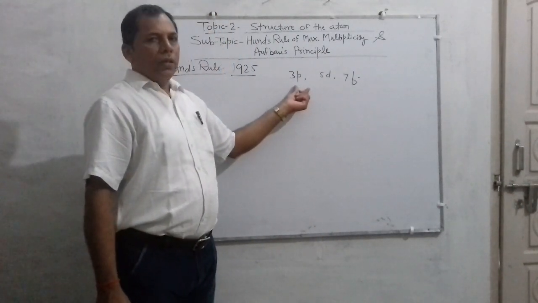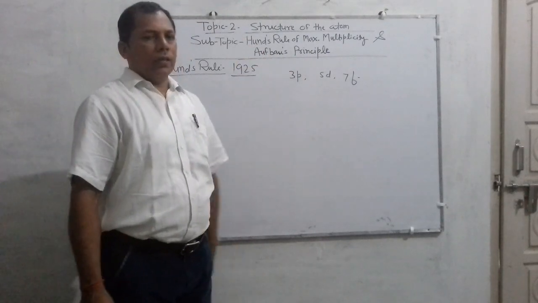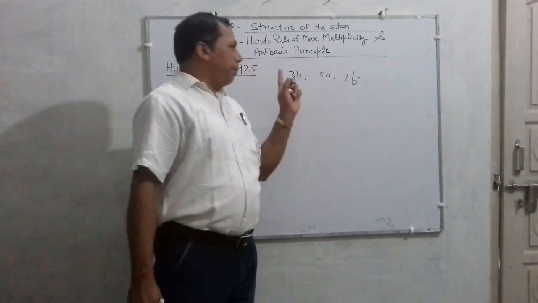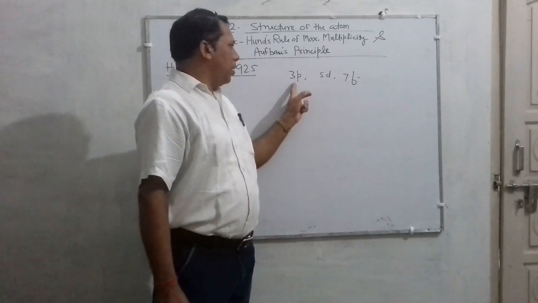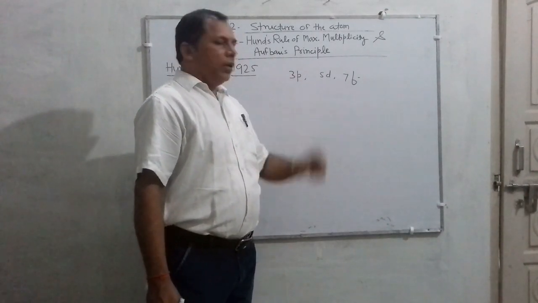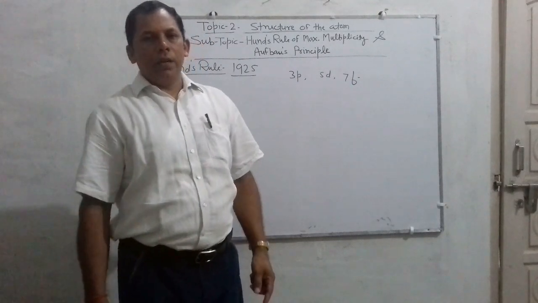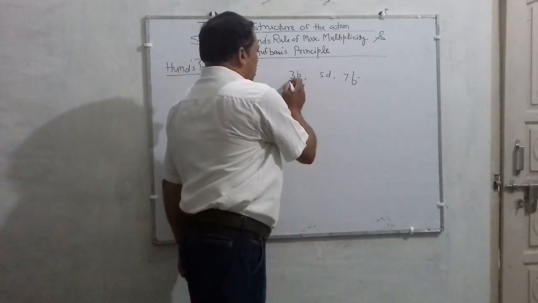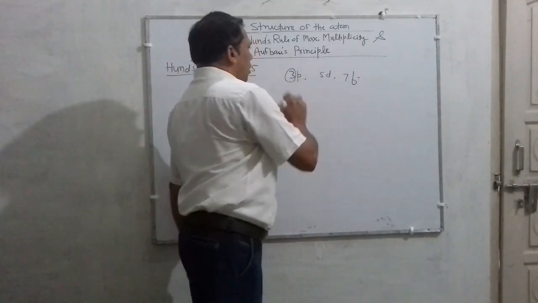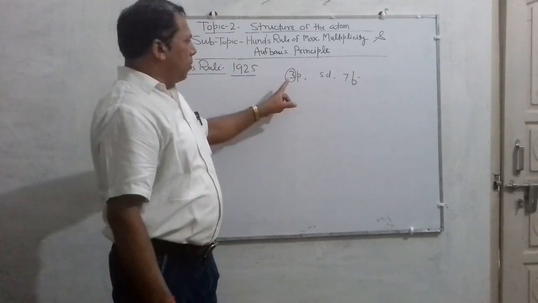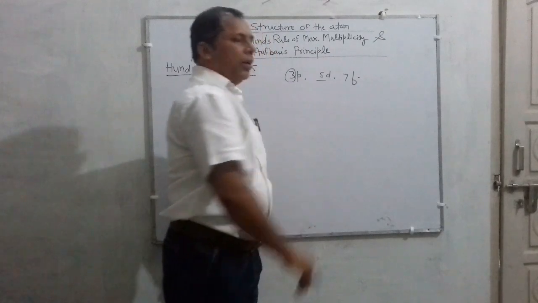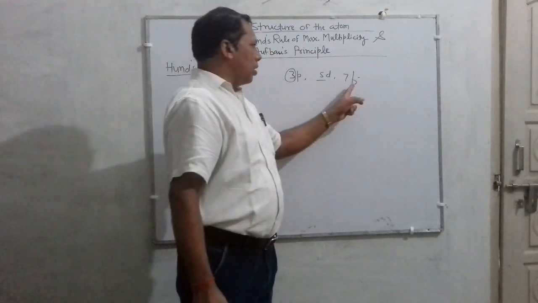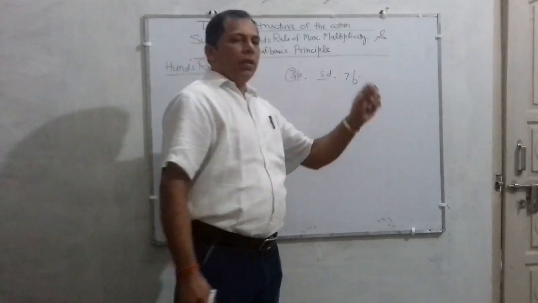We know that p contains 3 orbitals, there are 5 orbitals in d and there are 7 orbitals in f.